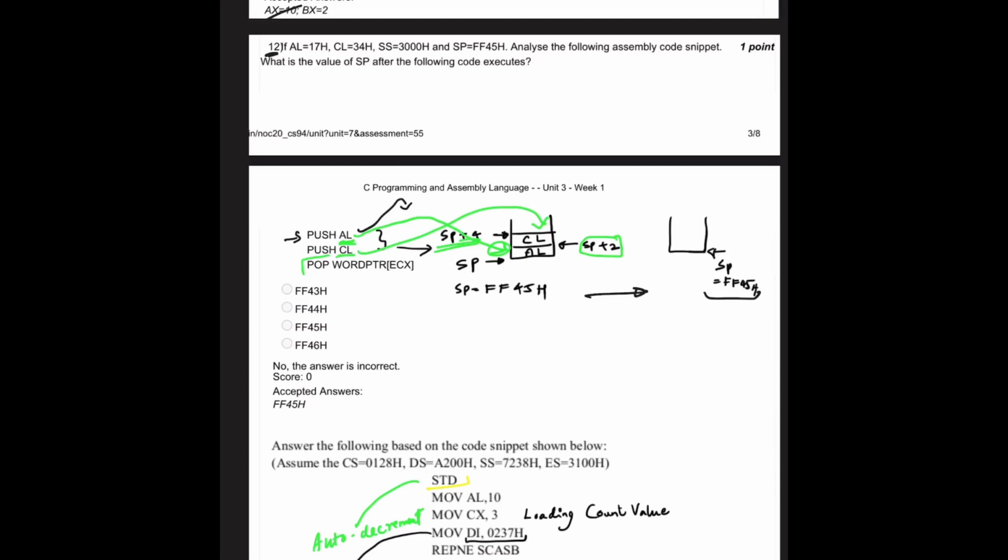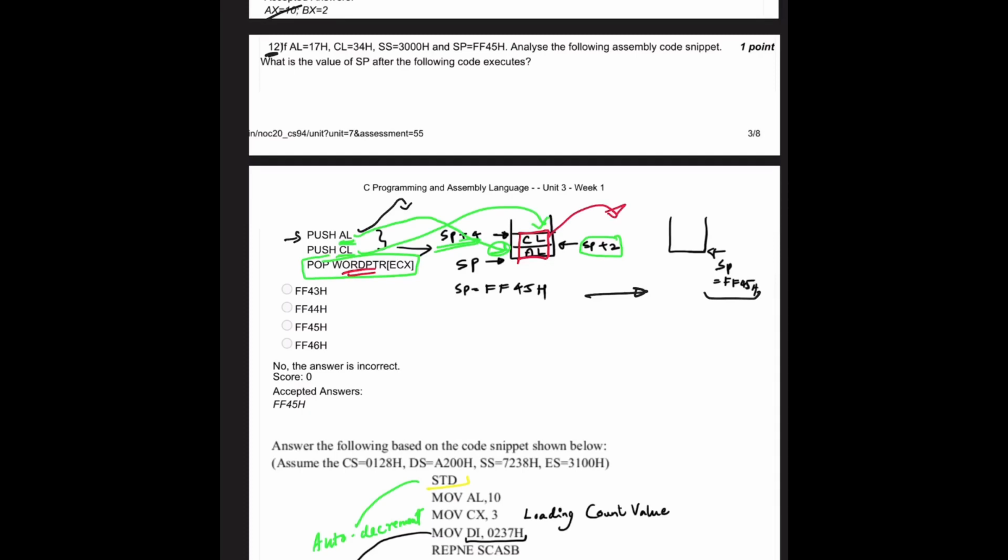So POP word pointer of ECX. Since it's a word pointer, this whole thing gets popped out, right?